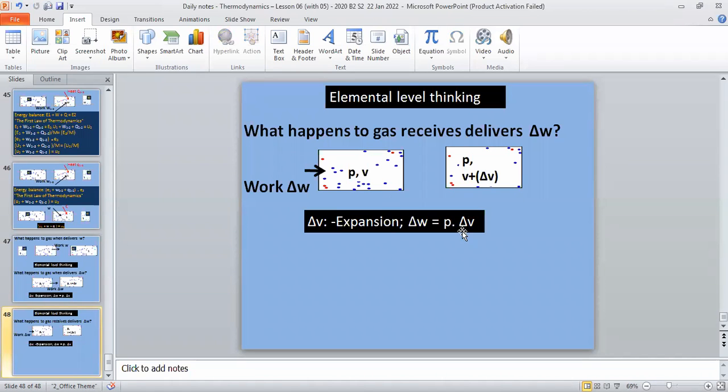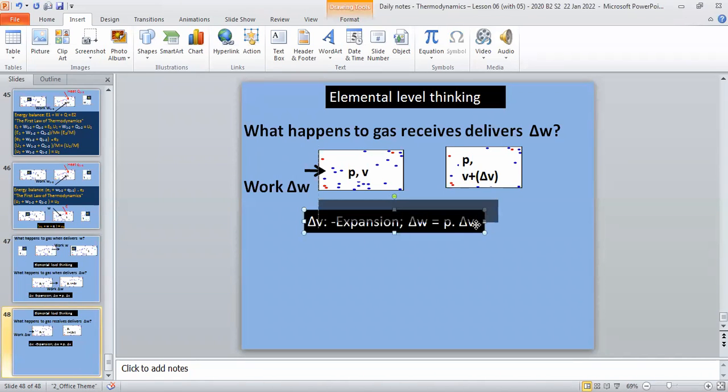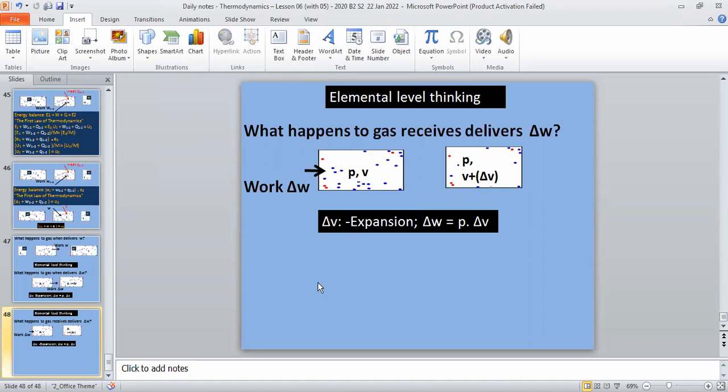Sign conventions we will discuss later. So anyway, expansion, but here it is negative. I put it within brackets because it's a contraction. Because in compression, you know that there is a shrinkage.